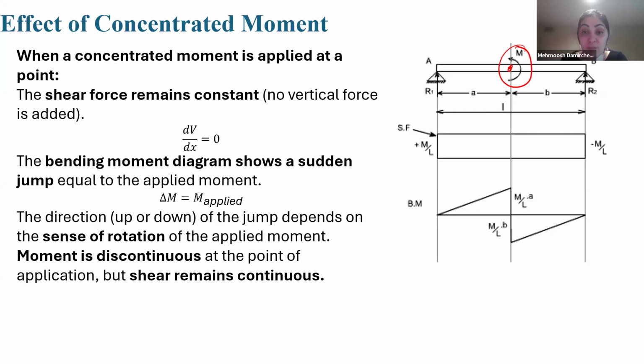But the bending moment diagram shows a sudden jump equal to this amount of M. For example, here M is positive or counterclockwise, and you see that drop. So when we have counterclockwise moments, we have a drop in the moment, and if we have clockwise, we have a jump in bending moment.